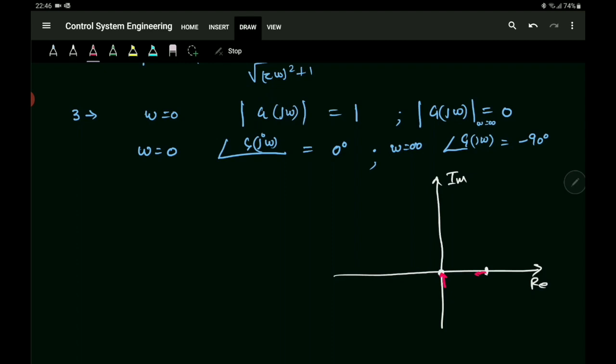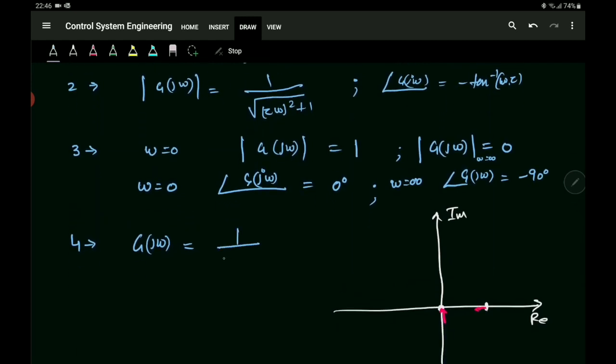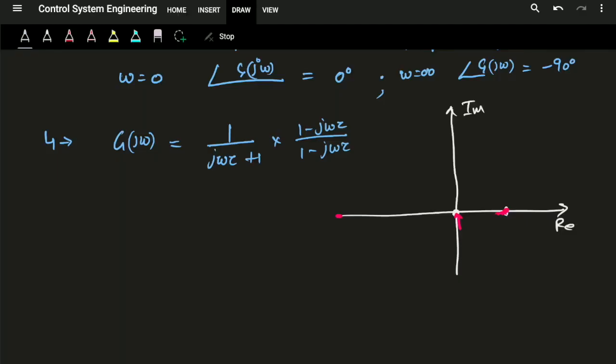We also identify if there is any position where the real and imaginary parts are zero. Let's convert this G(j omega) into real and imaginary parts. We have 1 upon (j tau omega plus 1) multiplied by (1 minus j tau omega) divided by (1 minus j tau omega), which equals (1 minus j omega tau) divided by (1 plus omega tau whole square).